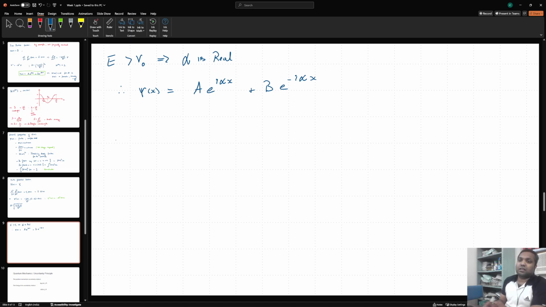Now, this seems to be a very good ideal case. However, what we need to look at is the following. What happens if E is less than V naught? In that case, alpha is going to be purely imaginary.